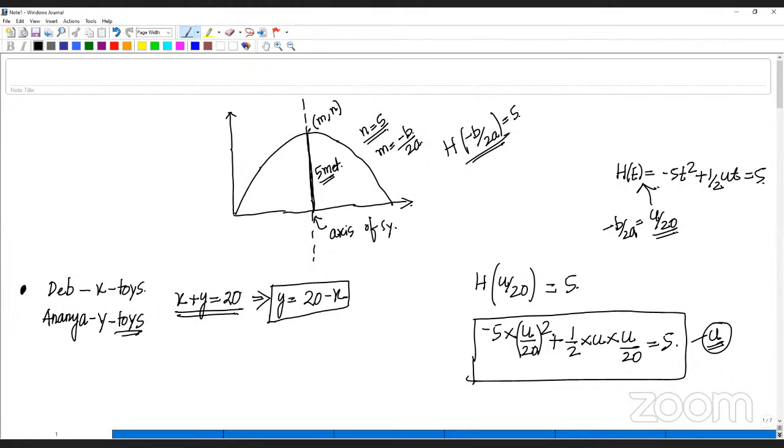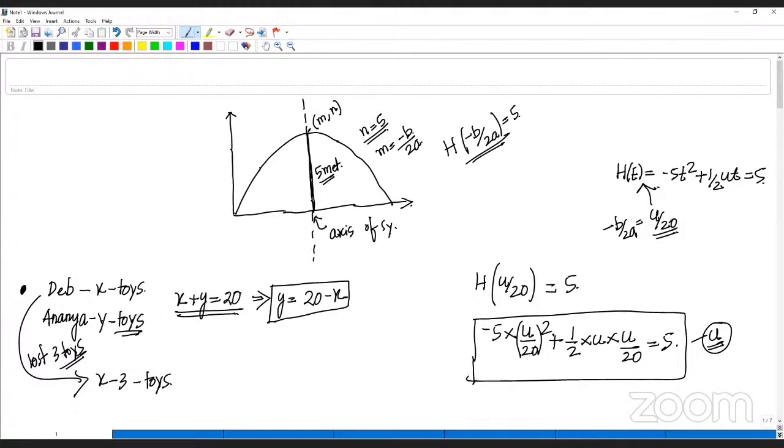The next line is, from these 20 toys, they've lost some toys. Deb lost 3 toys, so now Deb has x minus 3 toys, right?